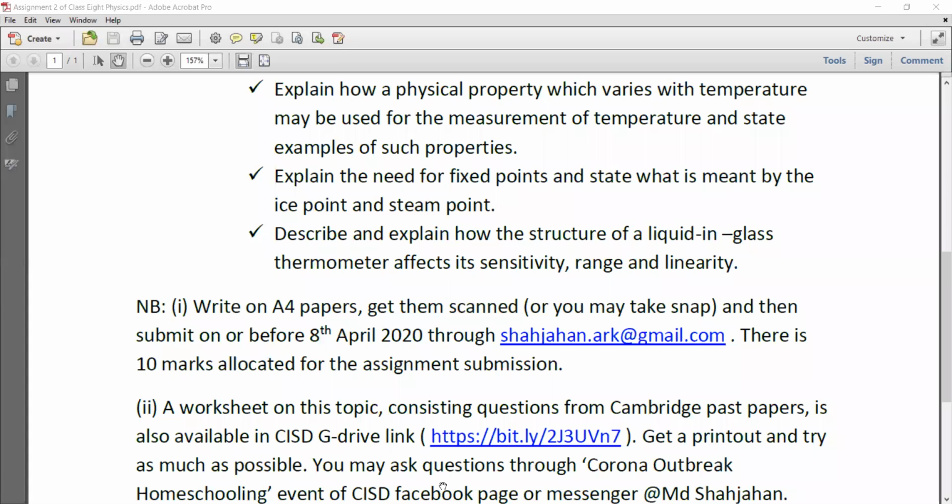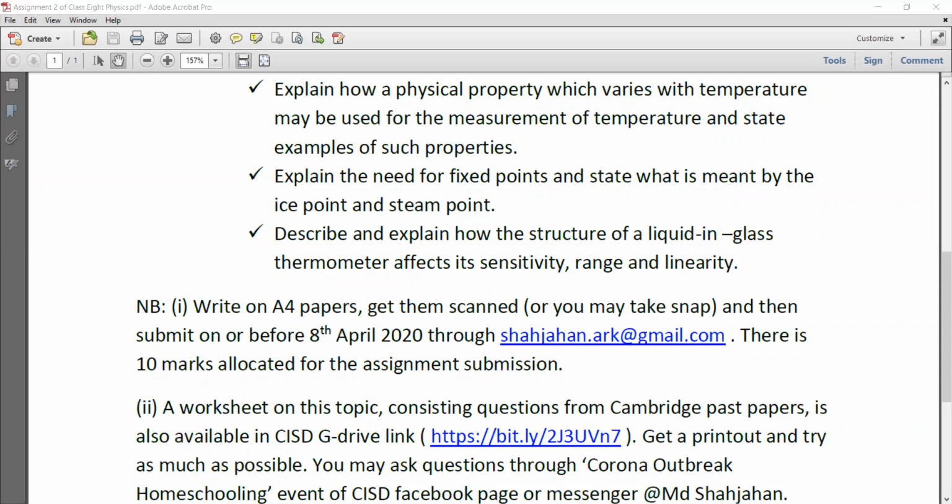Now look here. They are saying a thermometer with a smaller range is more sensitive, as the length of the liquid thread increases more for a specific temperature rise. To understand, see MCQ 5 of worksheet 10, where thermometer Q is more sensitive.